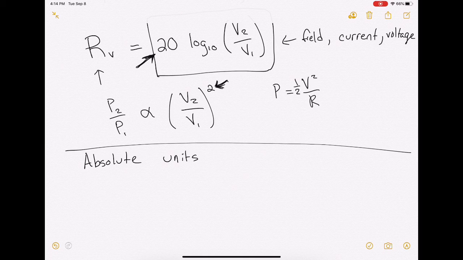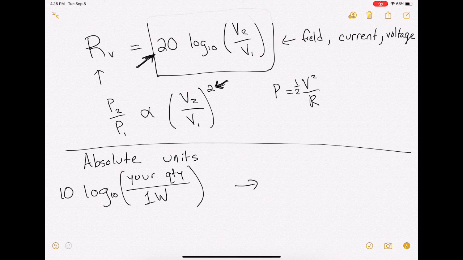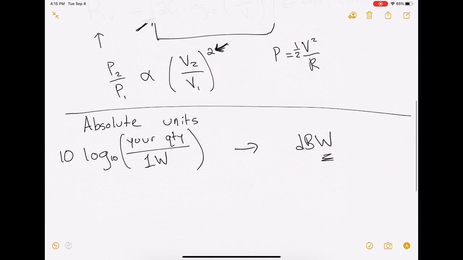So if you want to have your quantity, whatever it is, and you want to express it relative to 1 watt, if you do all the stuff to convert that to dB, 10 log base 10 like that, now your quantity is in dBW. The W here obviously is for watts.